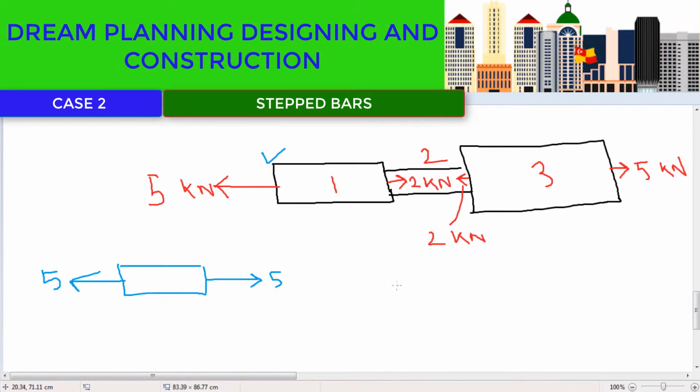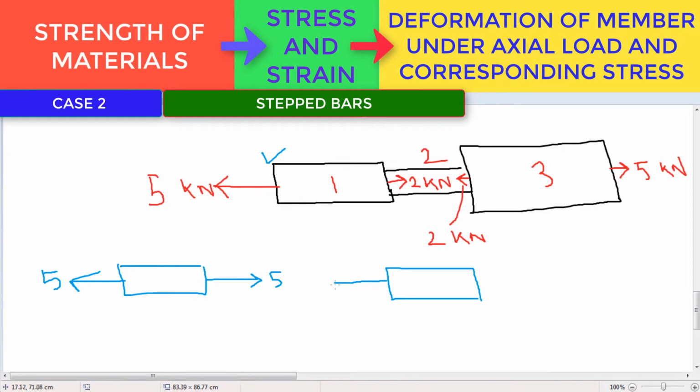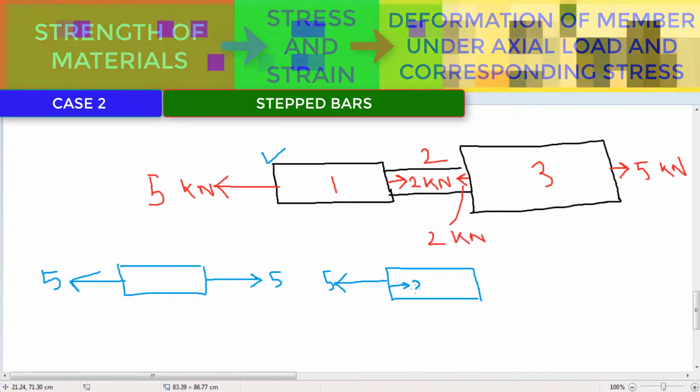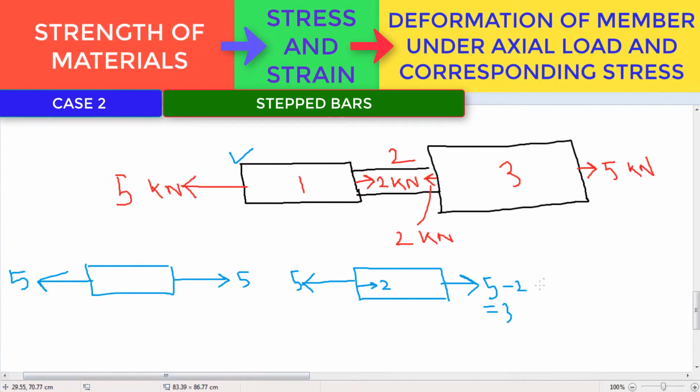Now we go to the second member. On the second member, that 5 is in the opposite direction, and there is an applied force, that is 2. So the resultant force is 5 minus 2 equals 3. Now we draw member 3.